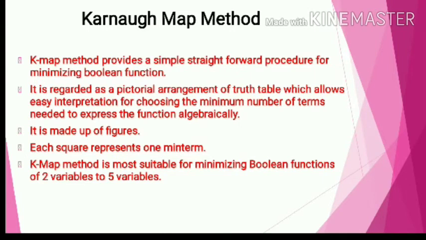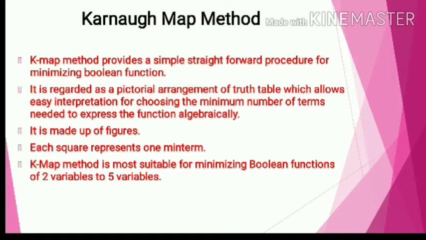Now we'll see what a K-map is. The K-map method provides a simple, straightforward procedure for minimizing a Boolean function. It is regarded as a pictorial arrangement of the truth table, which allows easy interpretation for choosing the minimum number of terms needed to express the function algebraically.